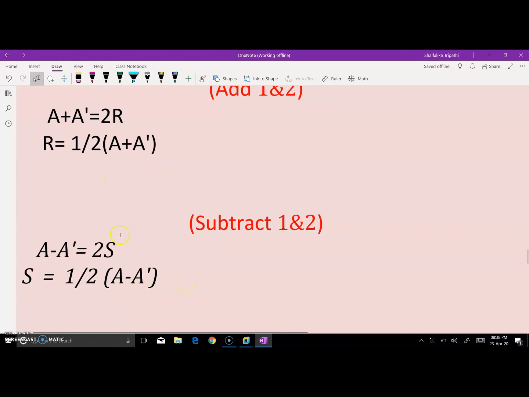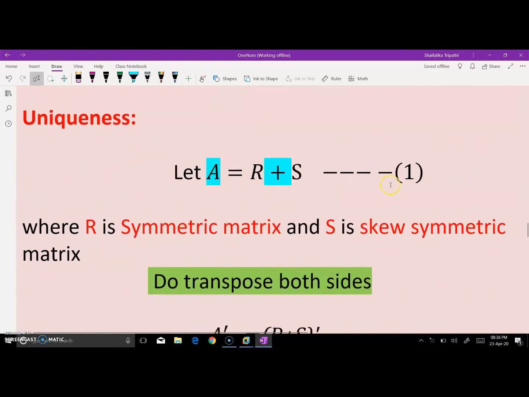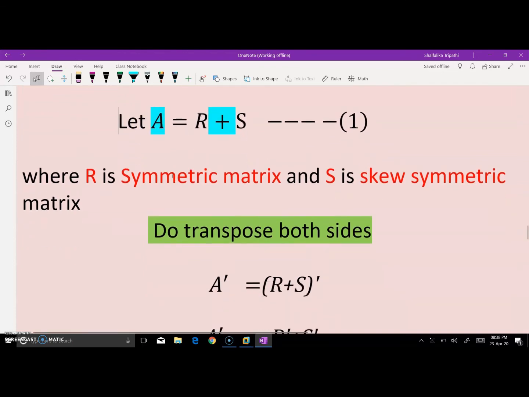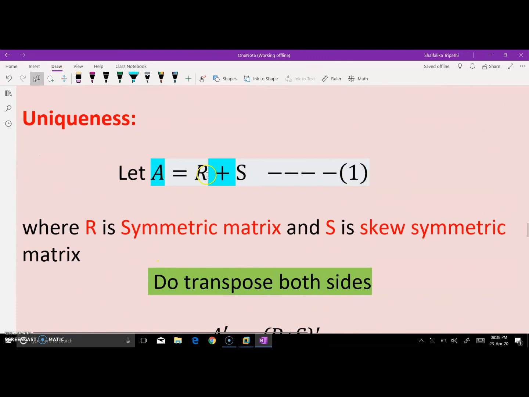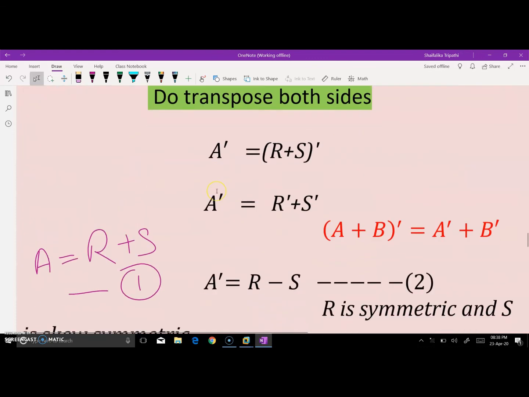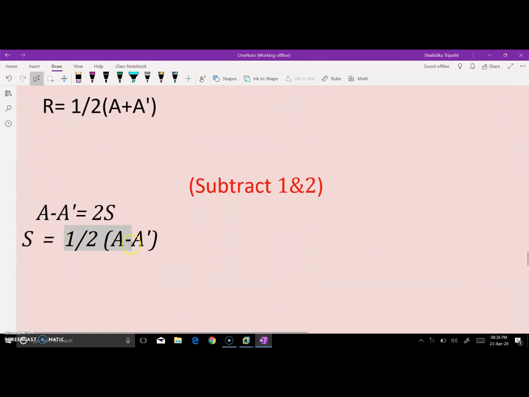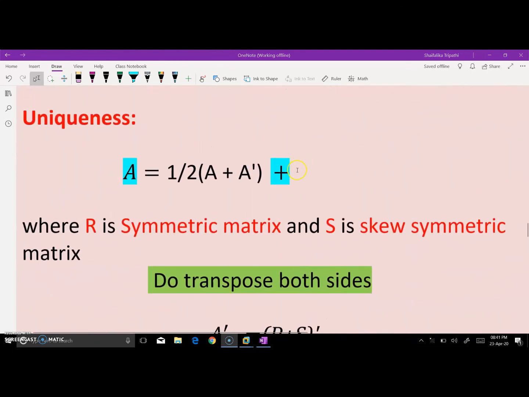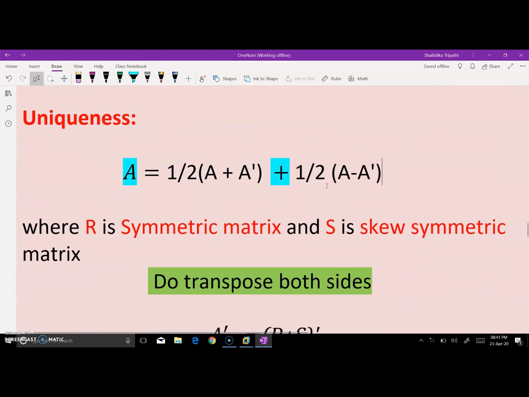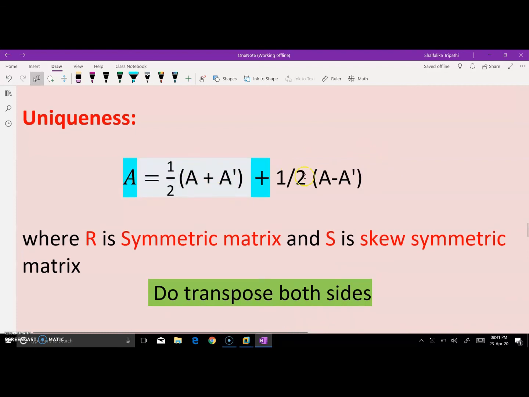So now put these two values in equation number 1. When we put it, A is equal to R plus S: first I will put the value of R in the place of R, and now I'll put the value of S. Now you can see what this is.